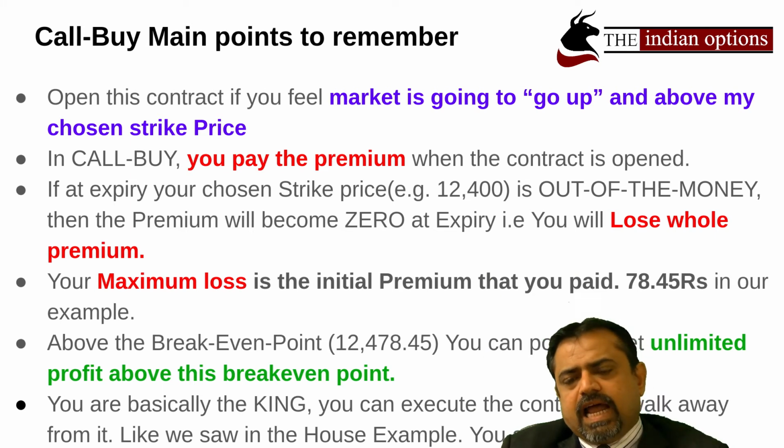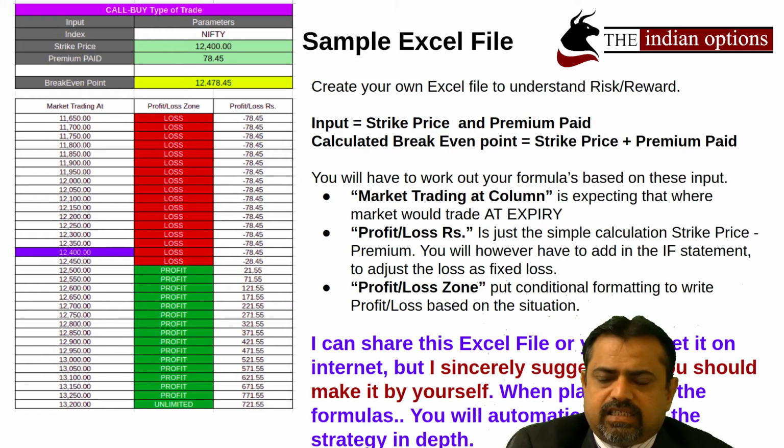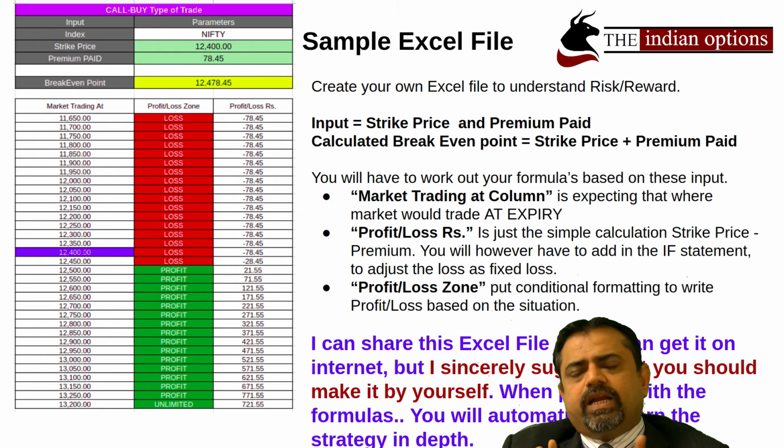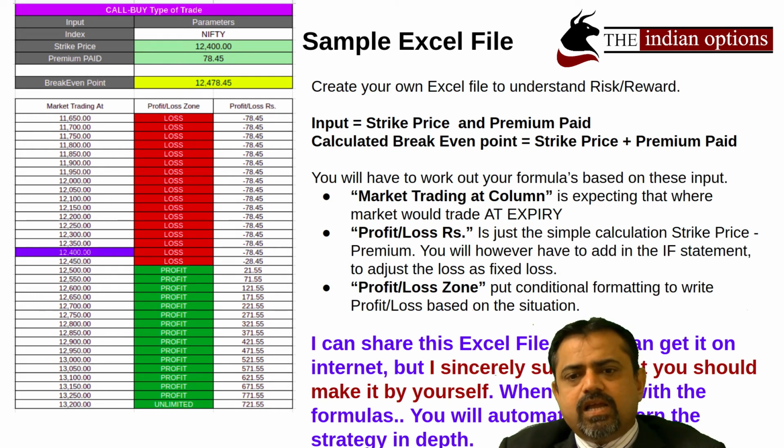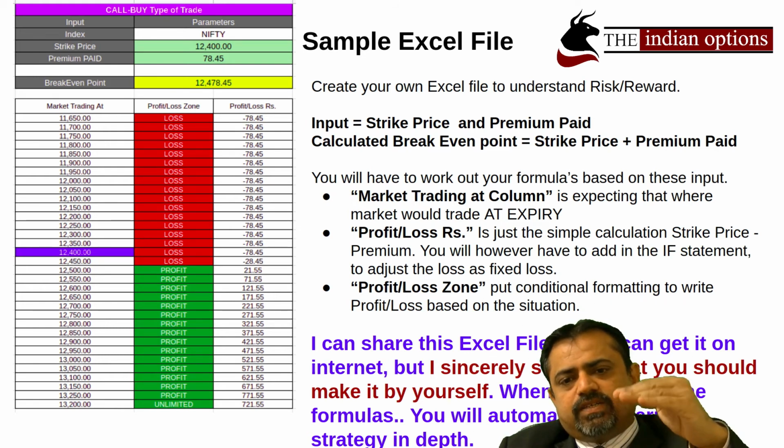Now, in the last slide, here I have made an Excel file by myself. You can see that as soon as I put the strike price as 12,400, in the market trading at column, the blue line, the 12,400 gets written there automatically, and the market is minus 50, minus 50, minus 50, and below it is plus 50, plus 50.